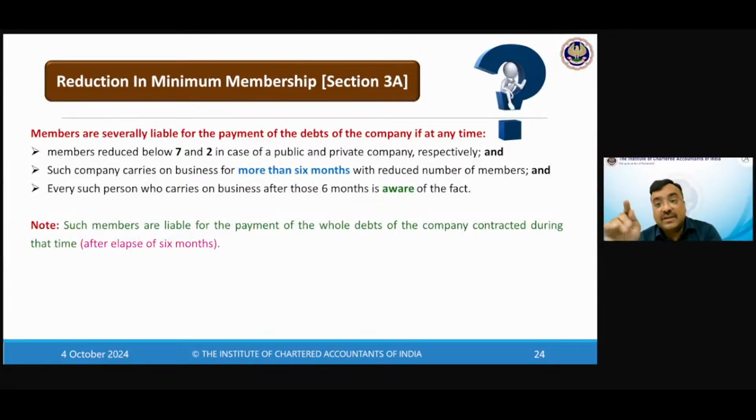In such a case, the corporate veil is lifted and the separate legal entity is disregarded.